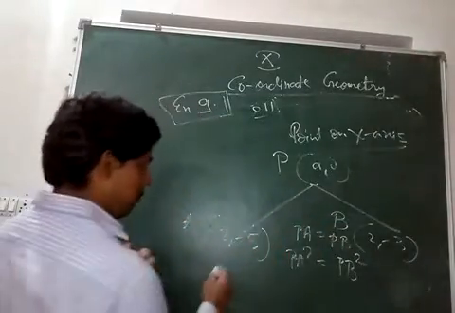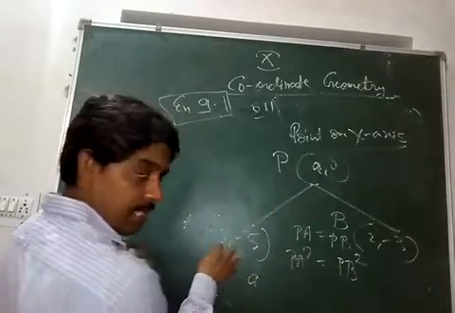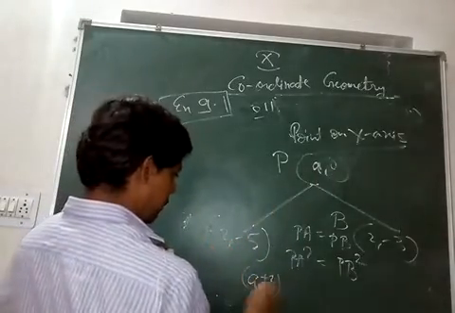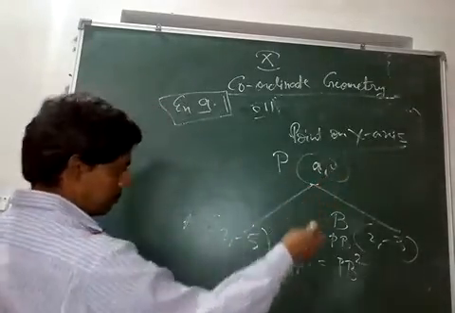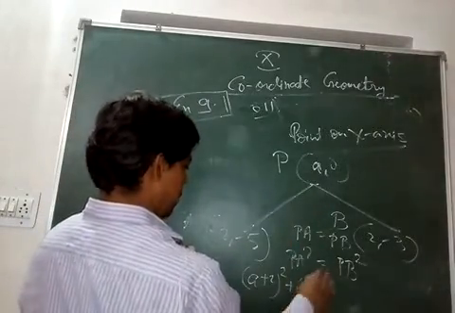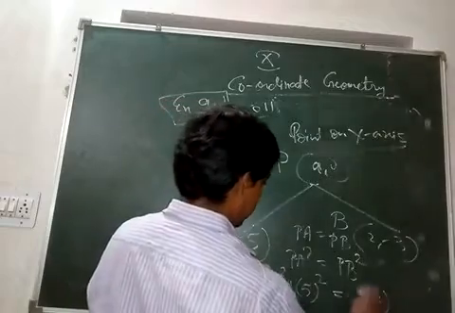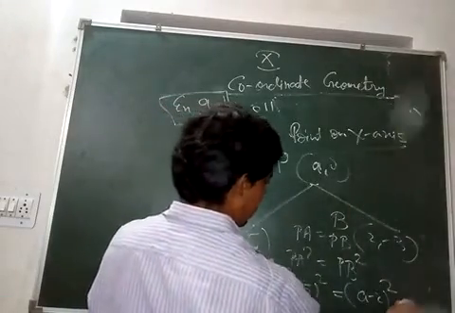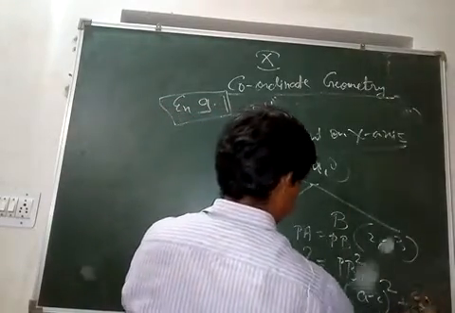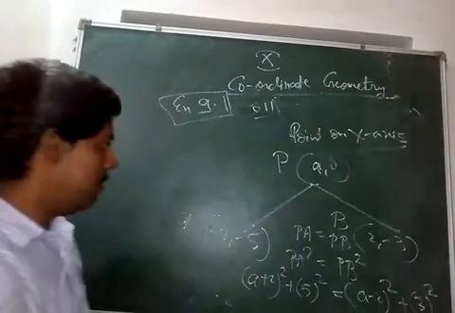So now we can write a plus 2, minus minus is plus, a plus 2 whole square plus 0 minus 5, that is 5 square, is equal to a minus 2 whole square plus 0 minus minus 3, 3 square, right? And now we will solve this and get the value of a.